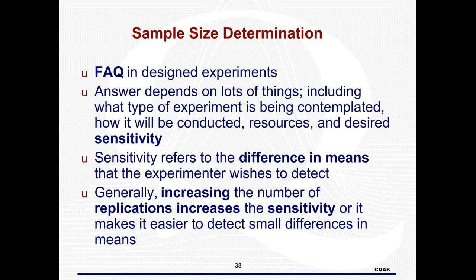More replication improves statistical power, but it also increases cost, time, and resource usage. So in practice, sample size determination is really about balancing statistical confidence with operational constraints. Later, we'll connect this idea to power analysis and see how alpha level, variability, effect size, and replication all work together in determining sample size.